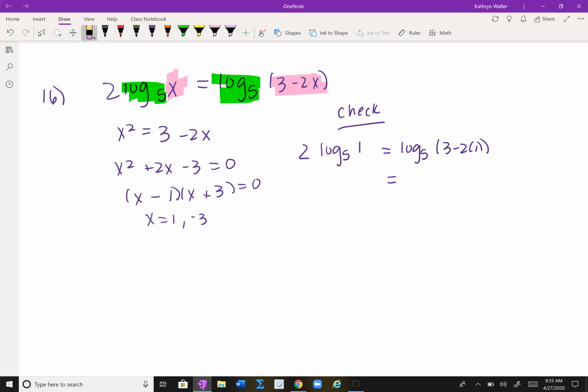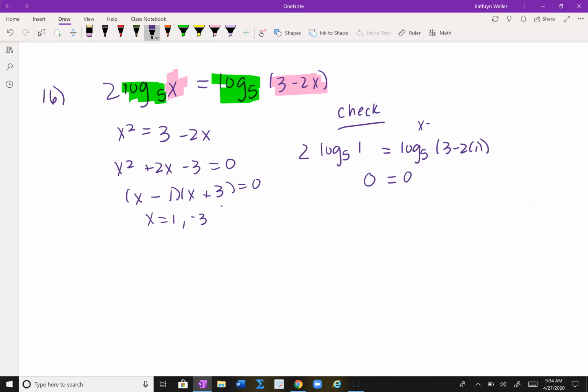Okay, so everybody go 2 log 1, close it, divided by log 5, close it, enter, and I got a 0. Okay, and then I'll be looking that you found a 0 on the right. So you go log 3 minus 2. You could go times 1, but 2 times 1 is just 2. Close it, divided by log 5, close it, enter, and you got a 0. So that one worked, okay?